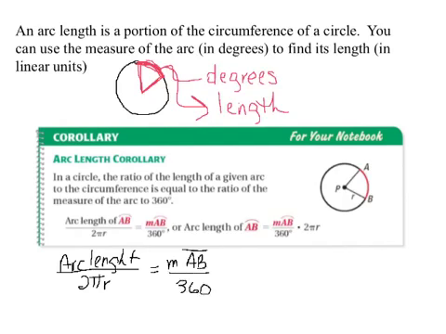If I'm solving for arc length, I would multiply both sides by 2 pi r. These cross out. I'm left with arc length equals the measurement of AB in degrees divided by 360 times 2 pi r.